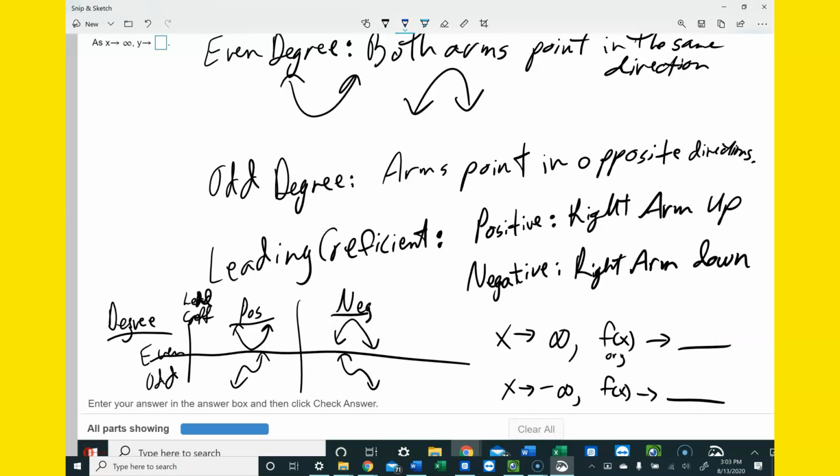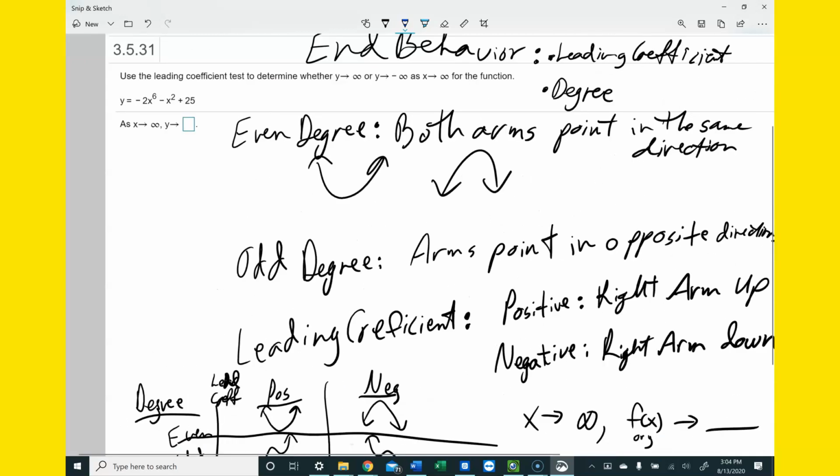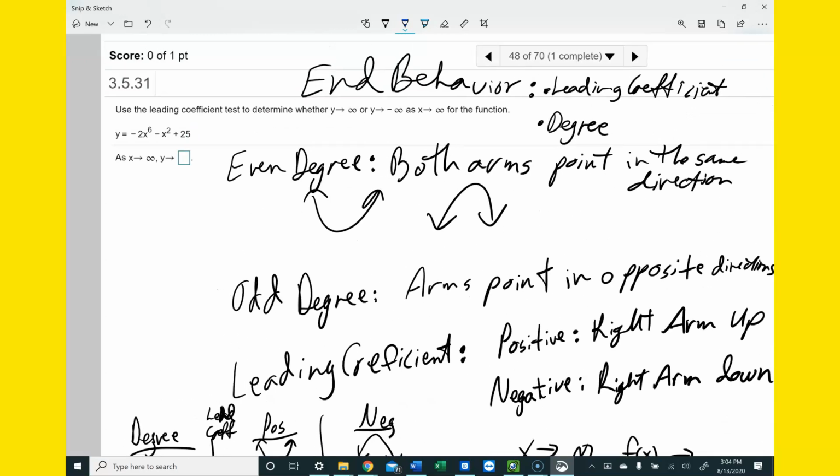And you can approach these the same way, okay? This one would be positive infinity for the first blank, negative infinity for the second blank. This one would be negative infinity for the first blank, positive infinity for the second blank. So let's look at the problem at hand here. All we care about to answer this question, all we have to look at is this.